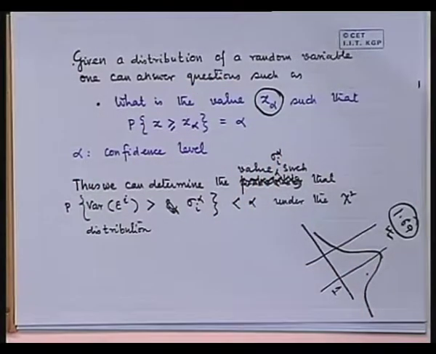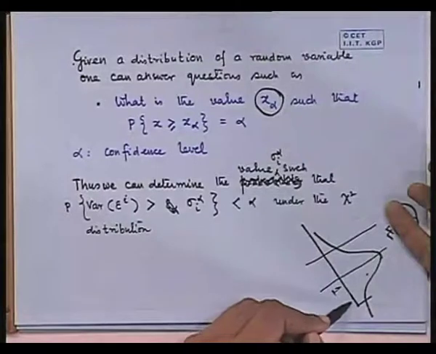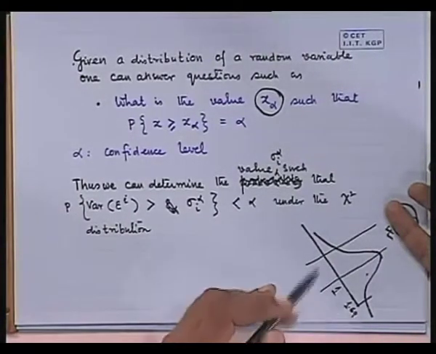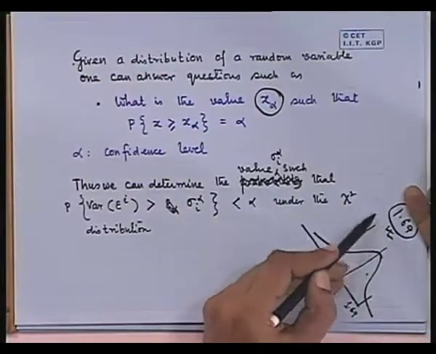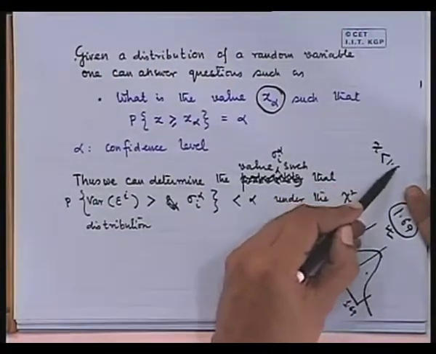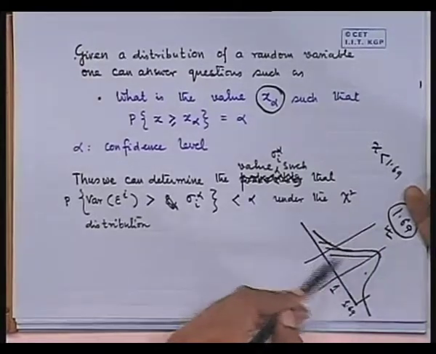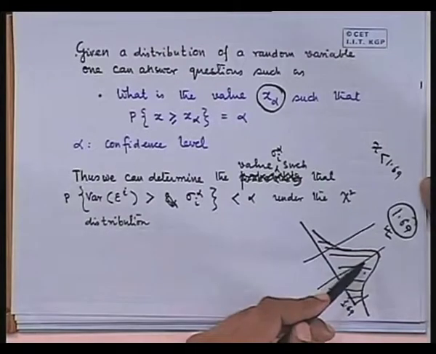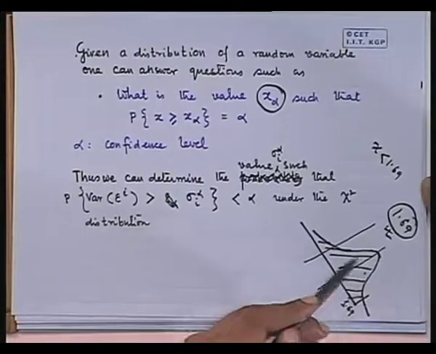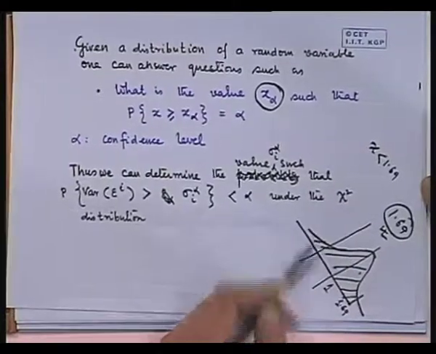Then you will have to find out that, see, if this is 1.69, then the probability that if you draw something from the distribution, the probability that x will be less than or equal to 1.69 is the area under this curve. This is the density curve. So for a distribution curve, the probability that x is less than or equal to 1.69 is the area under this curve.